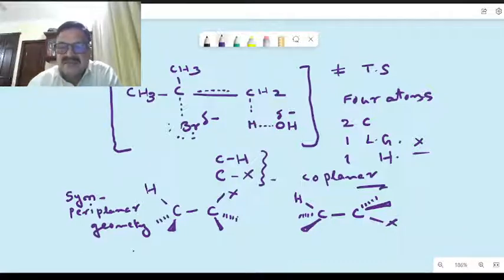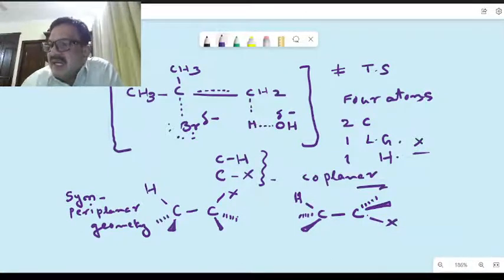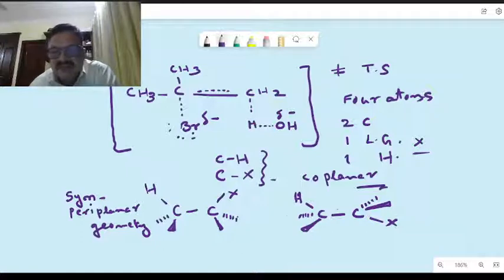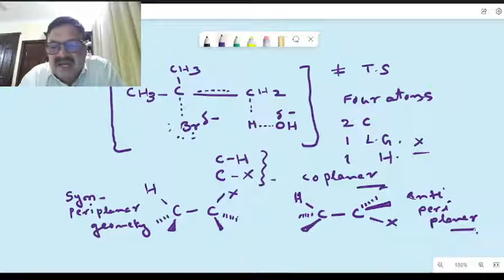Like this we can draw. So this is known as, here this is our hydrogen and this is the halogen, H and X. They are on opposite sides of the molecule. So this particular orientation is known as anti-periplanar geometry here. That we have syn and we have anti.